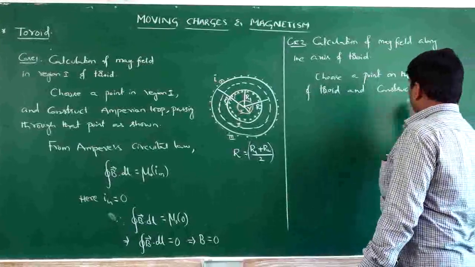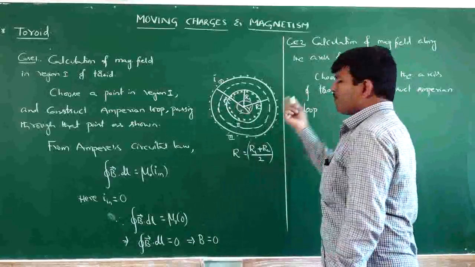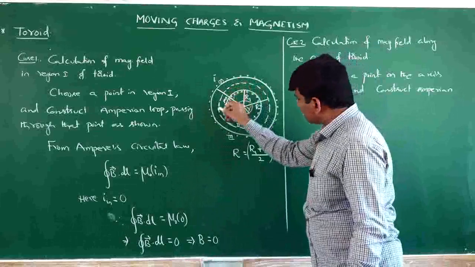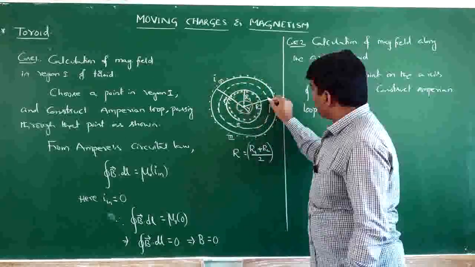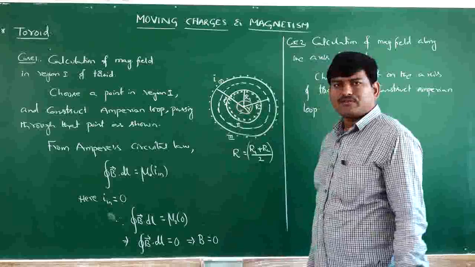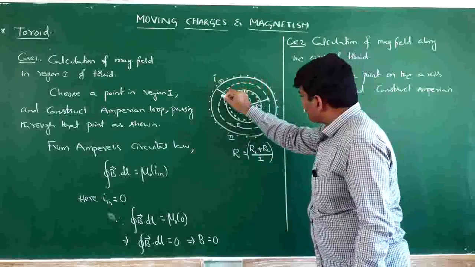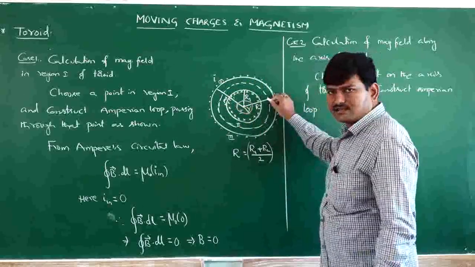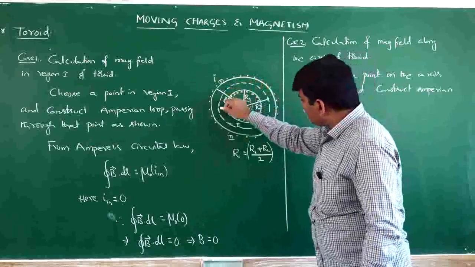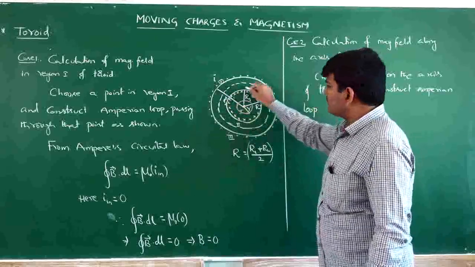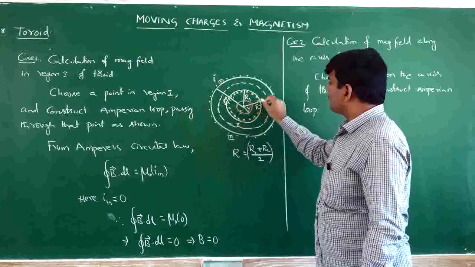So, here the Amperian loop is nothing but the dotted circle. If I choose a point along the axis of the toroid, if this is the axis of the toroid, then this is a point on the axis. Now, construct an Amperian loop which is nothing but these dotted lines. What is the radius of that Amperian loop?